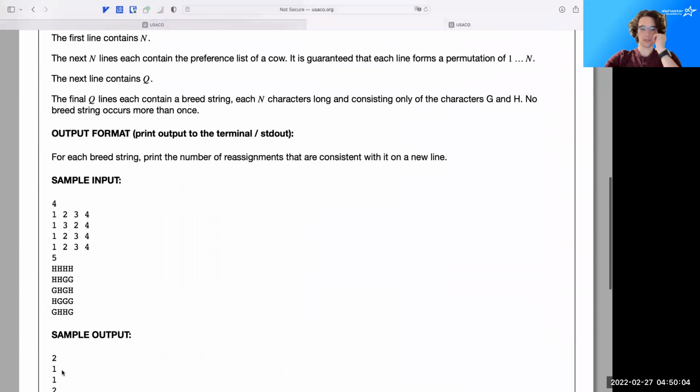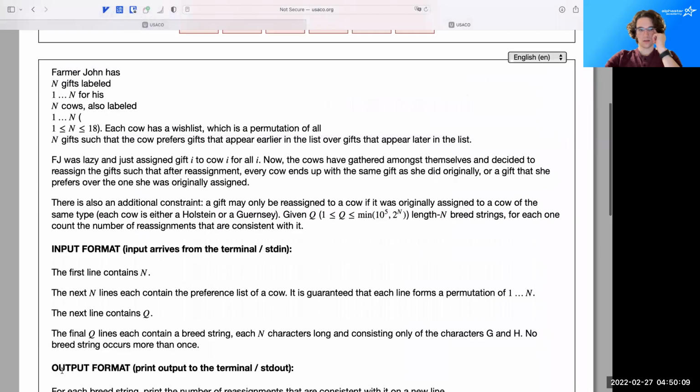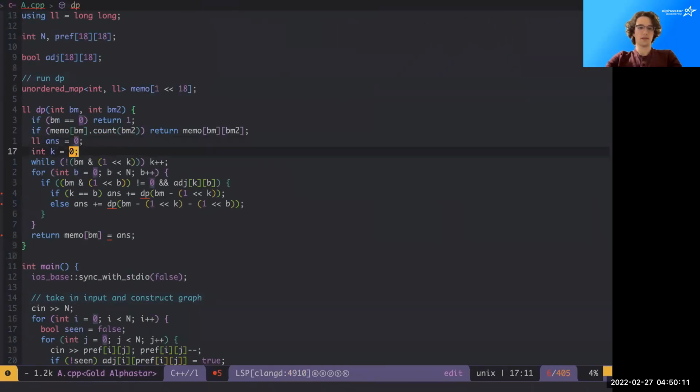We should spend a little more time double checking this.